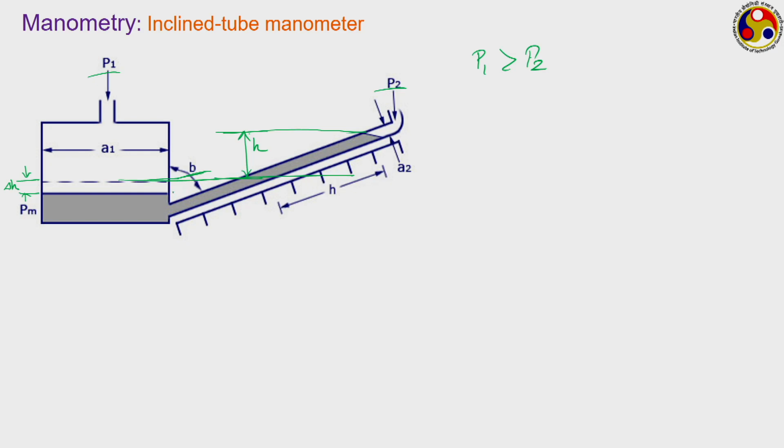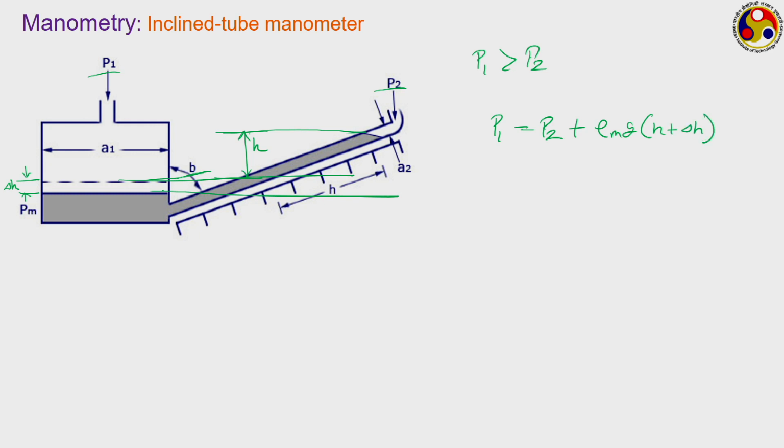If we take this as our working section and take a pressure balance, then on the left-hand side your pressure is just P1, and on the right-hand side your pressure is P2 plus the column height, which is rho m g into (h plus delta h).